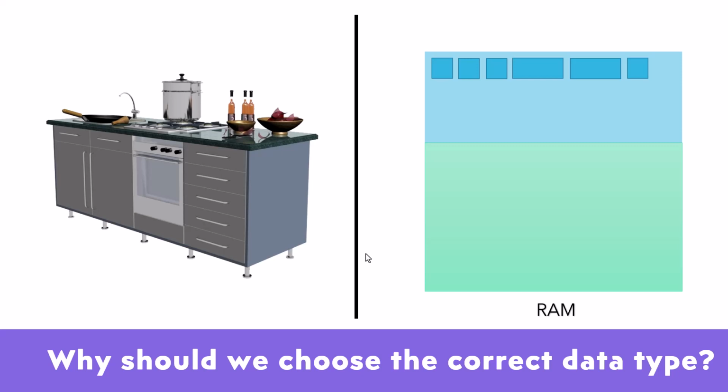Similarly, if you are declaring a type that is having more size, and in that size if you are assigning only less value, then it is just wasting the memory. So it is very important to choose the correct data type for our data, because we have a limited memory and we have to work only in that memory, and we have to also provide a great performance to our application.